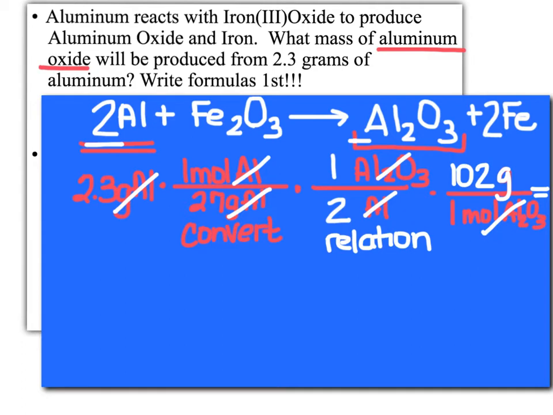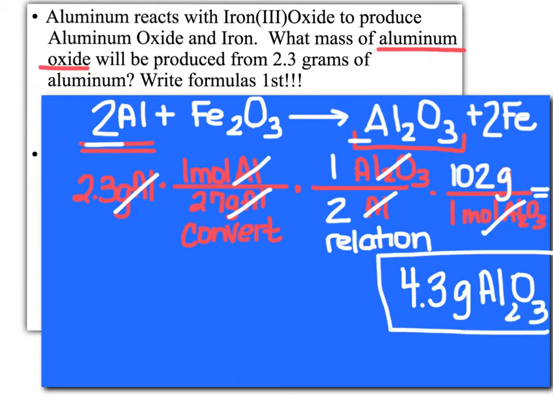And so this time what we'll do is we will start with 2.3, divide by 27, divide by 2, and multiply by 102. And when you do that, working across, you get 4.3 grams of aluminum oxide would be produced. And that's our answer.